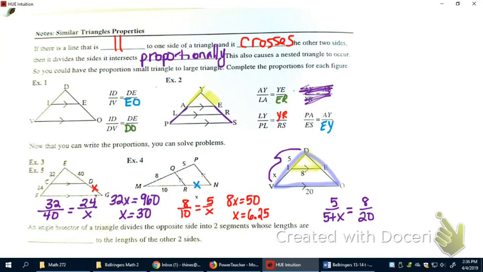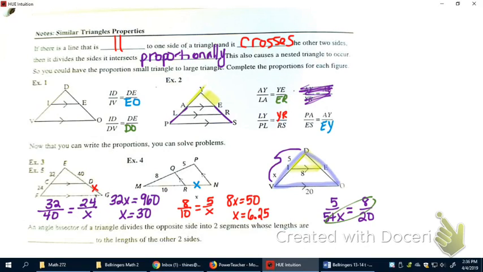I didn't have to look at the whole side when I did these two because I was looking at parts of the sides. But here, because I had 8 and 20, and that was the bases, I had to do the whole thing and then the little thing, looking at the little triangle and the big triangle. Okay? Alright, so then we cross multiply.